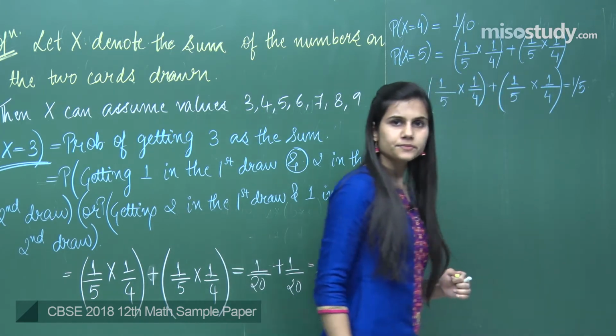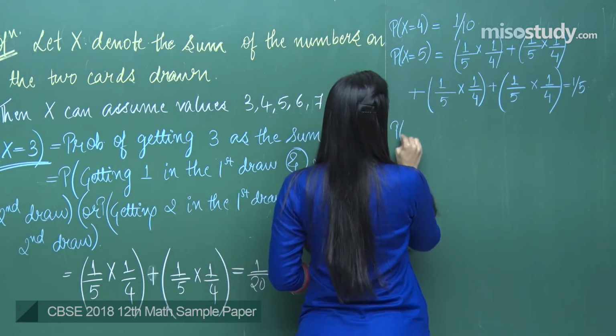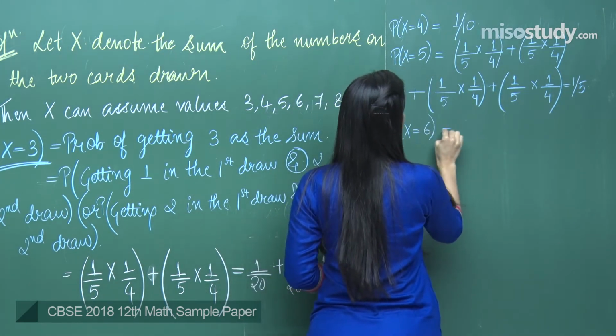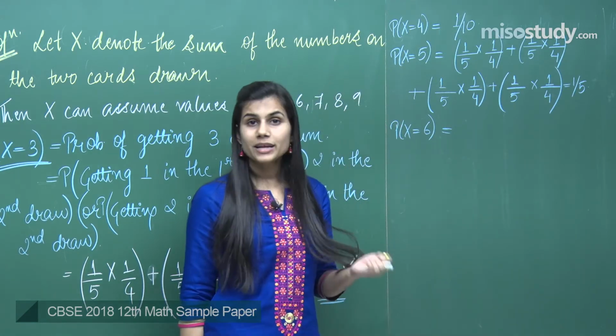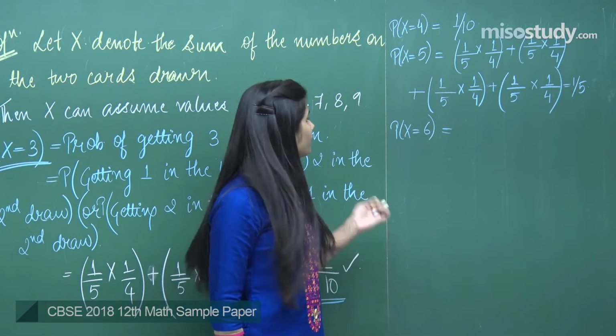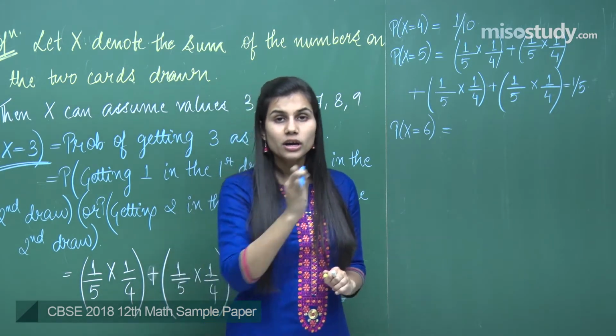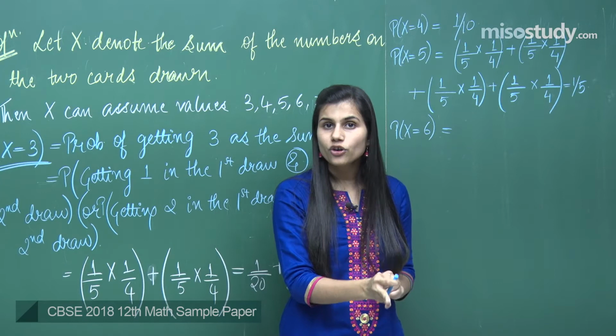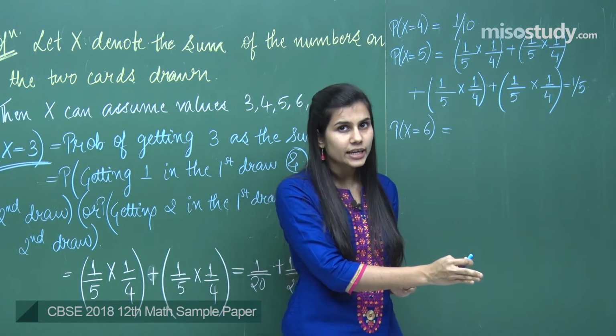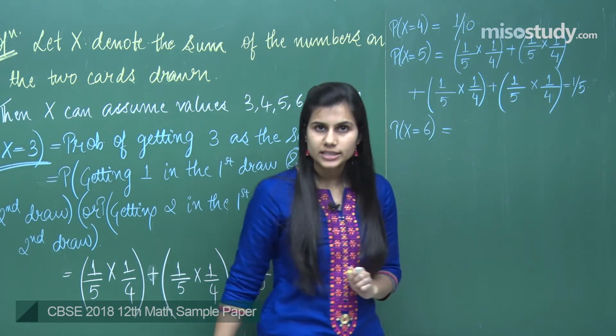Then what is probability of x equals 6? Again 4 plus 2 is 6 and 5 plus 1 is 6. So getting 1 in the first draw, 5 in the second draw, 5 in the first draw, 1 in the second draw, 2 in the first draw, 4 in the second draw, 4 in the first draw, 2 in the second draw.